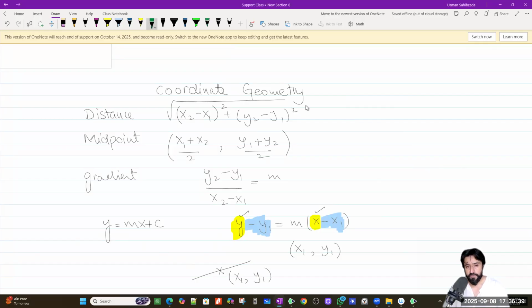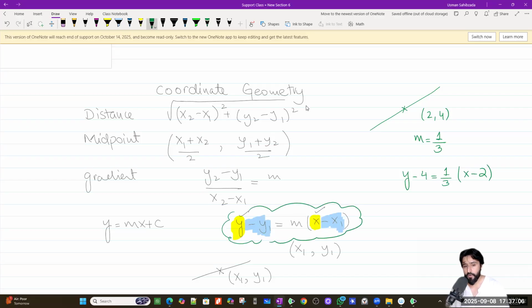All right, so just very quickly, if we have a point 2, 4 through which a line passes and the gradient of the line is, let's say, 1 over 3, you can find the equation of the line and this becomes y minus 4, m is 1 over 3, x minus 2. What formula did I use? I used this formula over here.